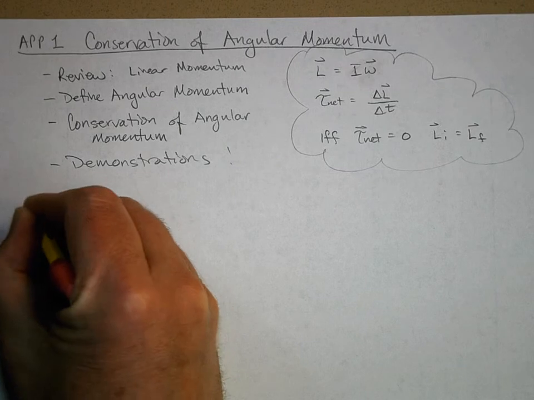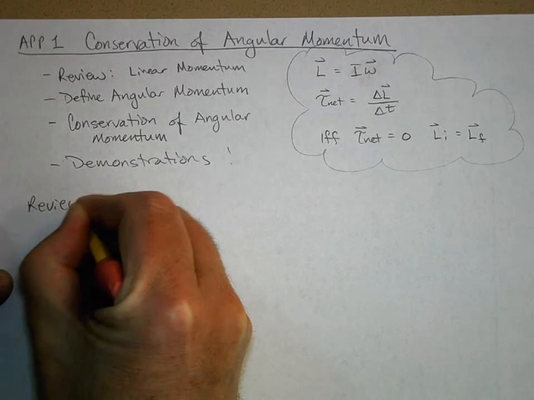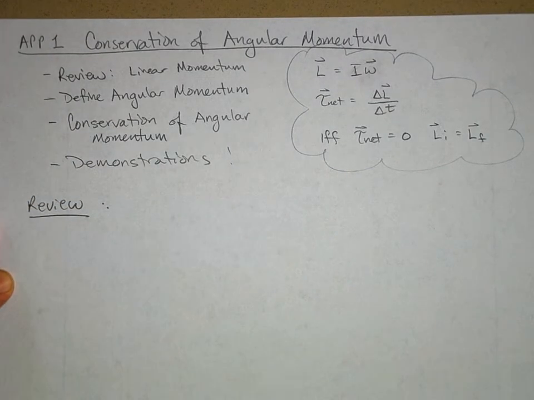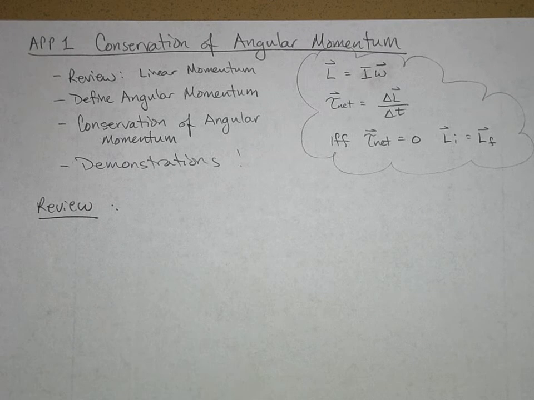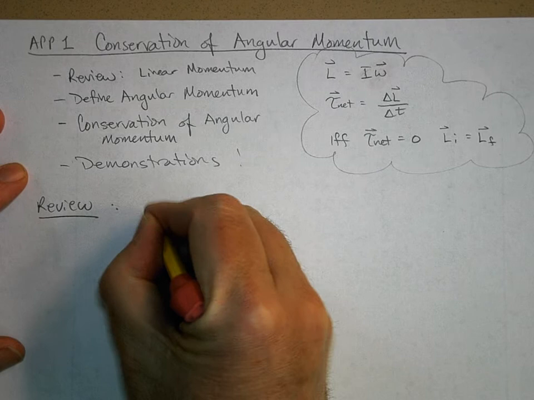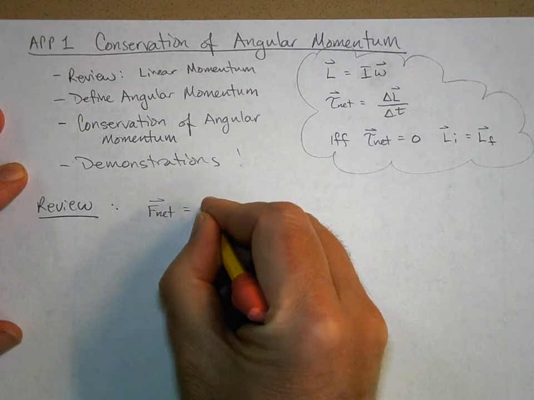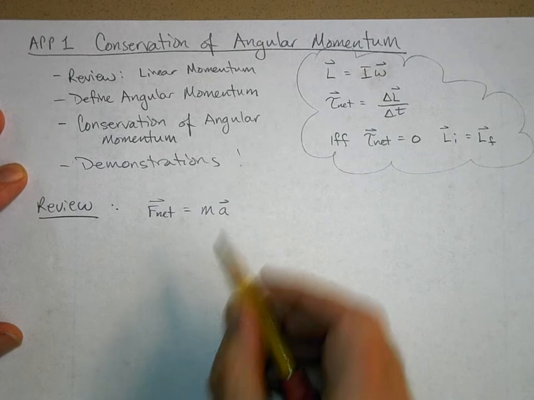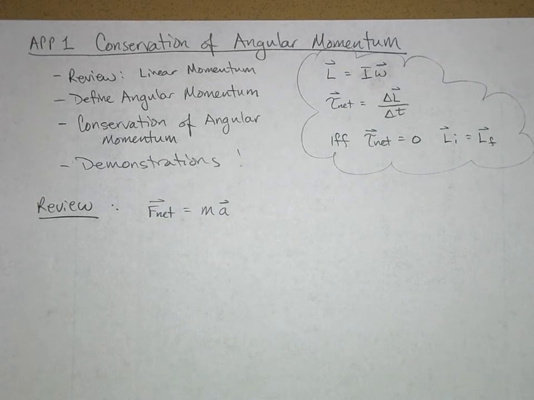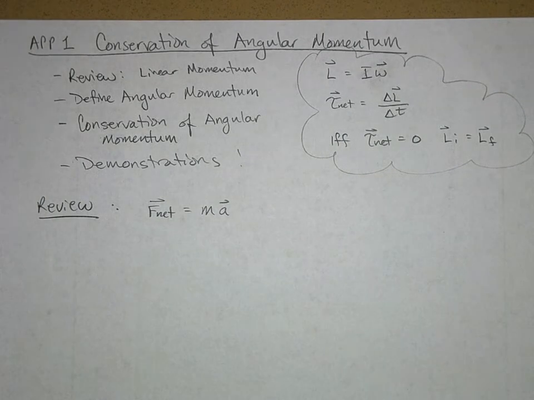Linear momentum, let's review. Well, how do we get started with linear momentum? It all starts with Newton's second law: if you apply a net force to an object, that object accelerates, and the amount of acceleration you get depends on how massive it is, how much inertia it has.